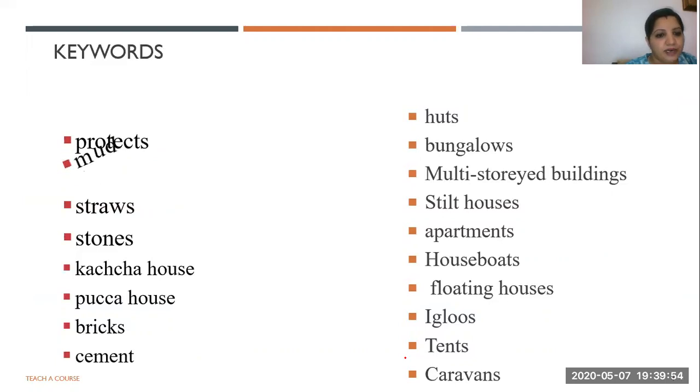Protects, mud, straws, stones, kacha house, pakka house, bricks, cement, huts, bungalows, multi-storied buildings, stilt houses, apartments, houseboats, floating houses, igloos, tents, and caravans.